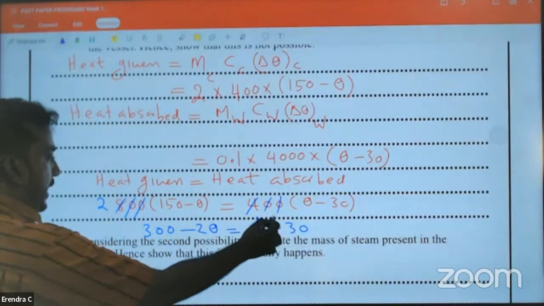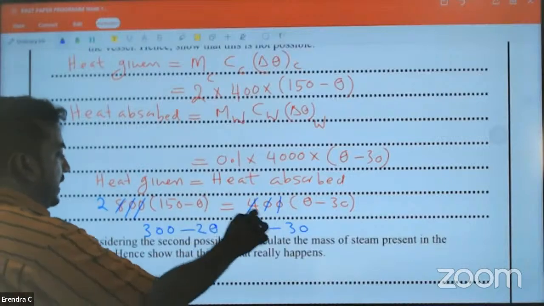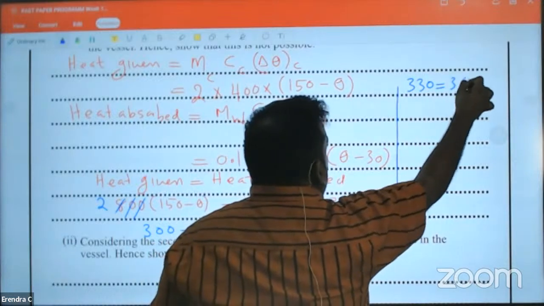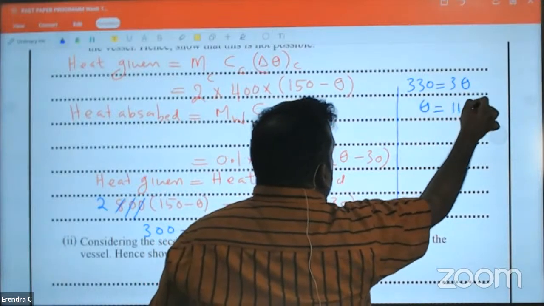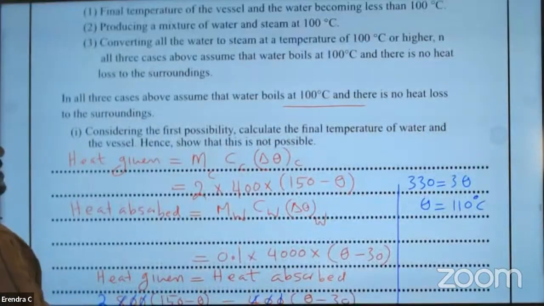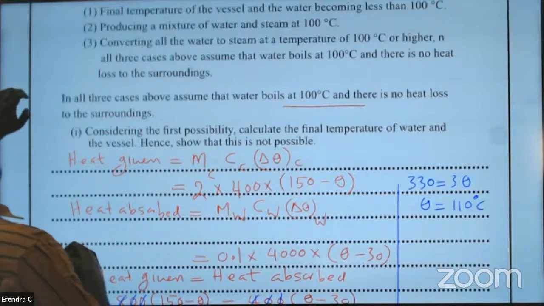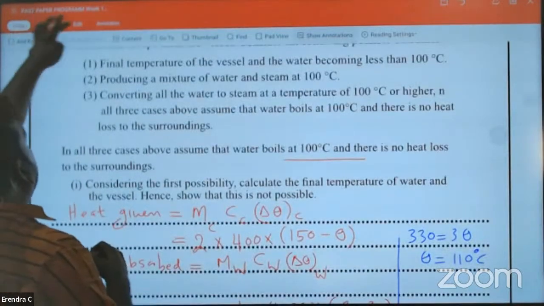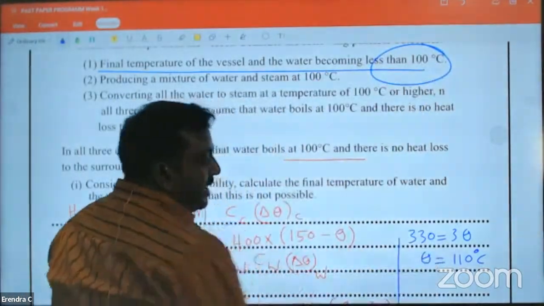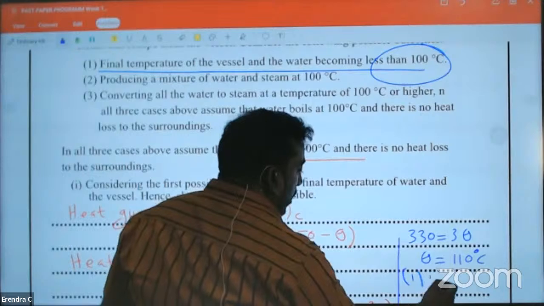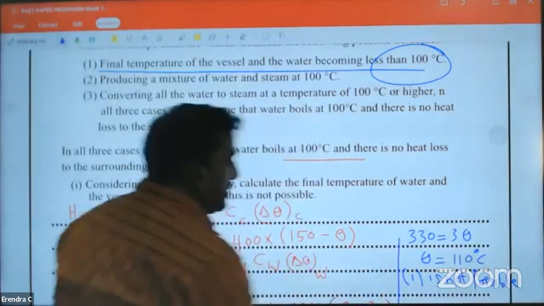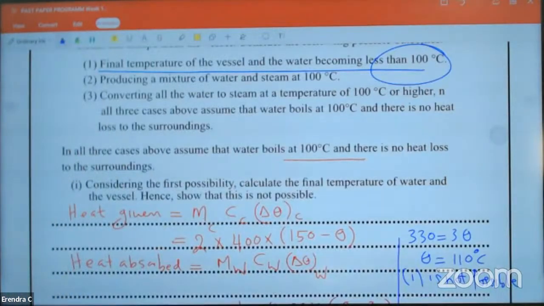Take it to this side. You get 330 equals 3 theta. That means theta is equal to 110 degrees Celsius. What are they saying? Show that this is not possible. Statement 1: final temperature less than 100. Is it less than 100? No. 1 is not possible. Simple work.